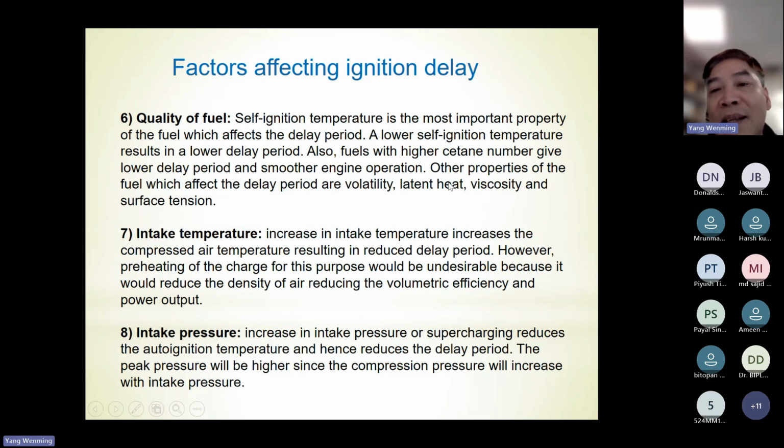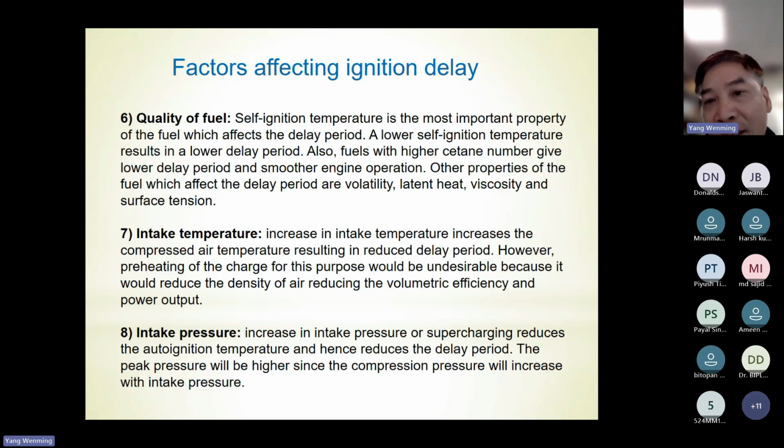The next one is latent heat. The latent heat is the heat energy required for the liquid fuel to become gas fuel, correct? So the greater the latent heat, the more heat energy will be absorbed during the evaporation process. Then the temperature will drop.